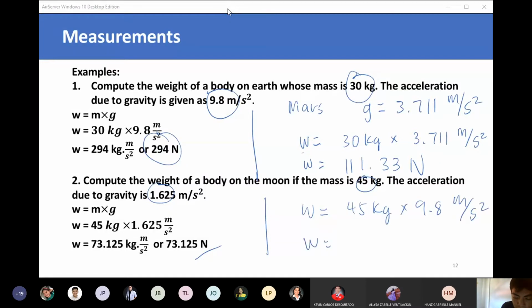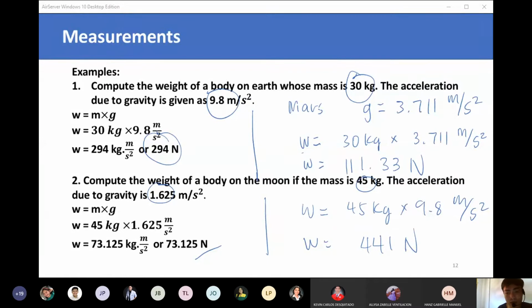What would be the weight? 441 newtons. So the same object with the same mass would weigh how many times more? Divided by 73, 6 times. It will weigh 6 times heavier than on the Moon.